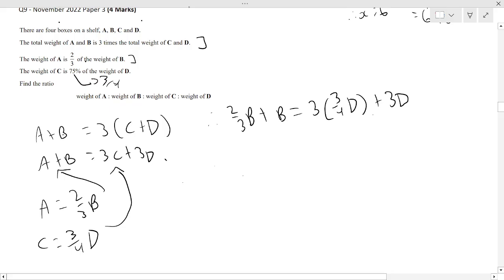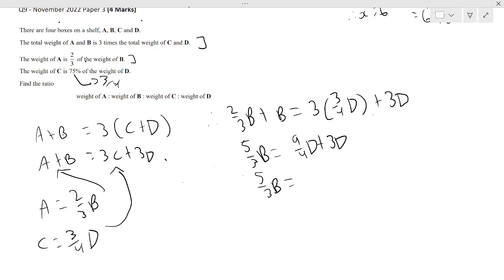And then 2/3 B add another B, that's going to be 5/3 B. And then this will be 9/4 D add 3D. So 5/3 B is 9/4 add 3, and that's going to be 21/4 D. Okay.